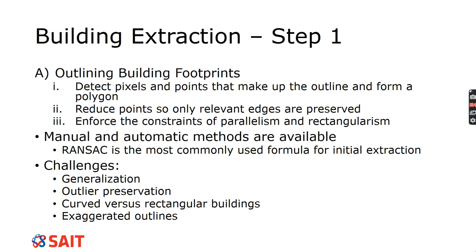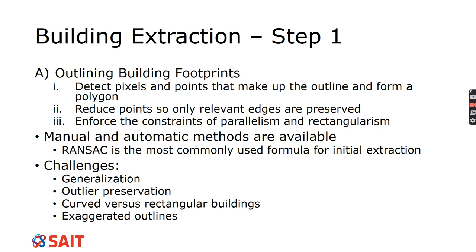That will say that one side of the building needs to be parallel to the other side of the building, which should make sense, especially for big commercial buildings, and even houses, right? Even if it's a fancy, put together house, it's still going to have some element of parallelism included in it. Rectangularism means it's going to have 90-degree angles.